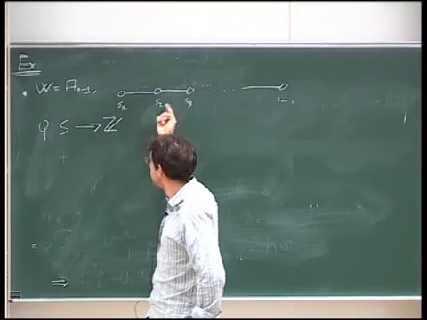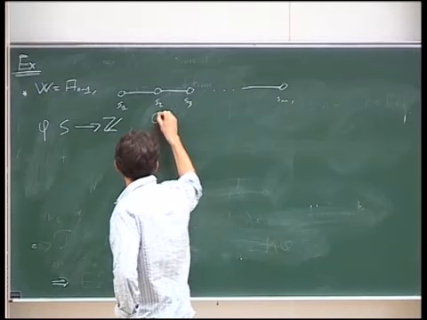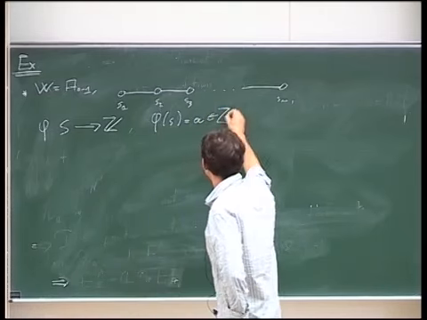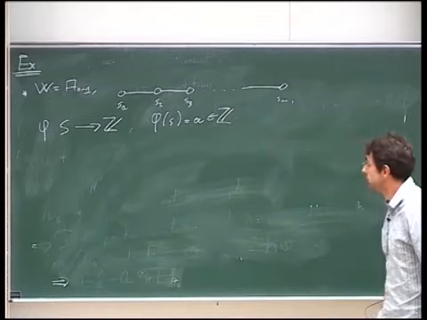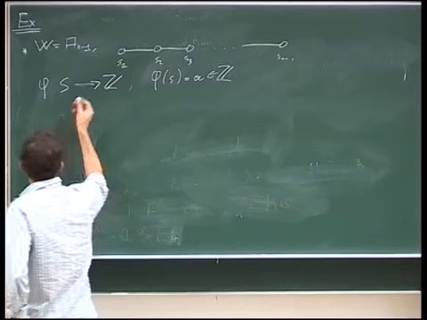So in this situation, all the elements must have the same image. Phi is just constant. And we will have two cases to consider.